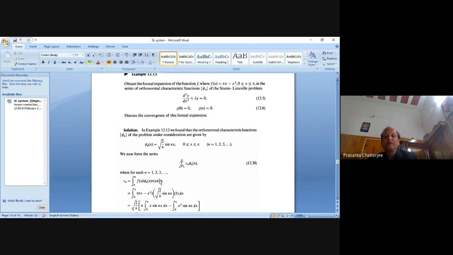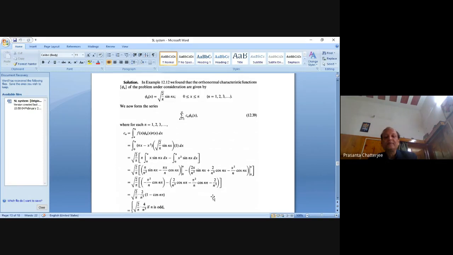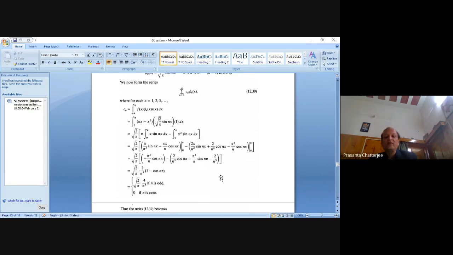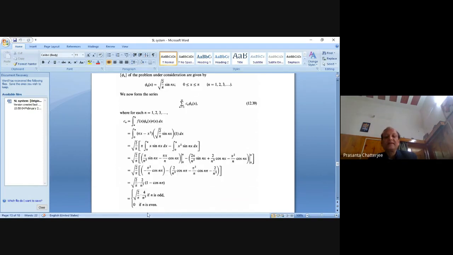So putting the values of phi n(x) and f(x) and doing the integration as usual, we can find c n equal to root 2 by pi times 4 by n cube if n is odd, and equal to 0 if n is even.